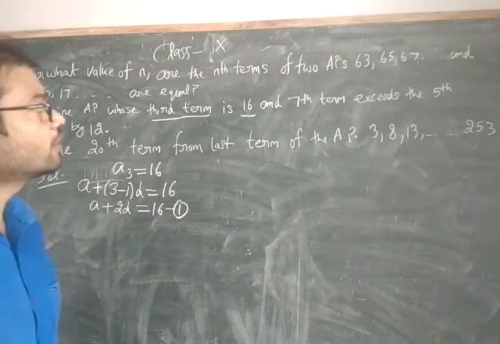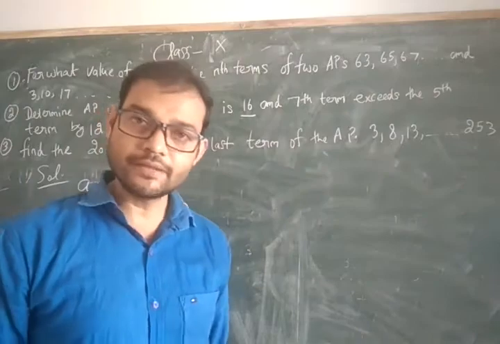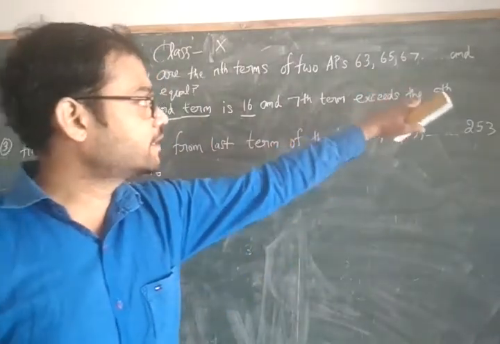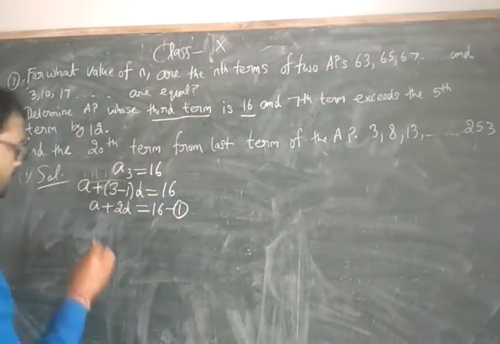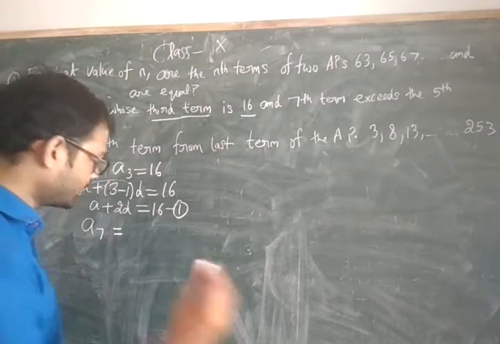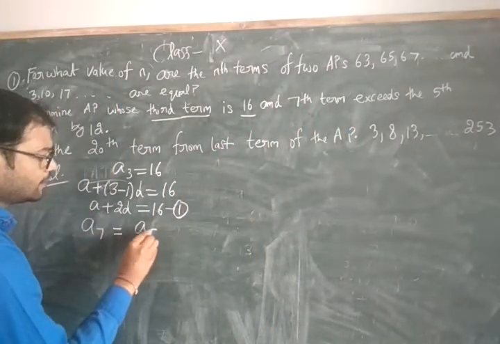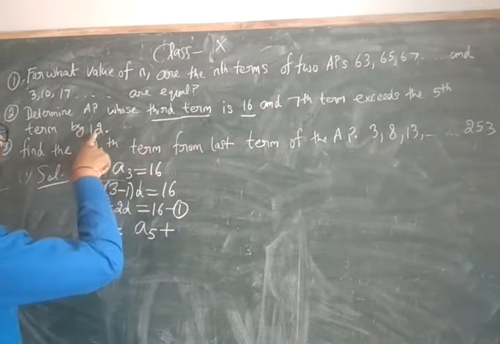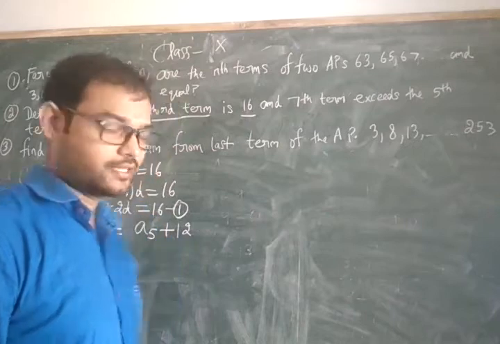Now what else is given: the seventh term exceeds the fifth term by 12, means A7 is equal to the fifth term plus 12, so you will add plus 12 there.